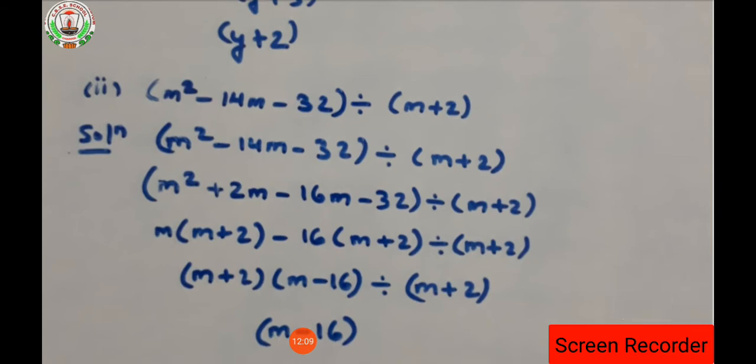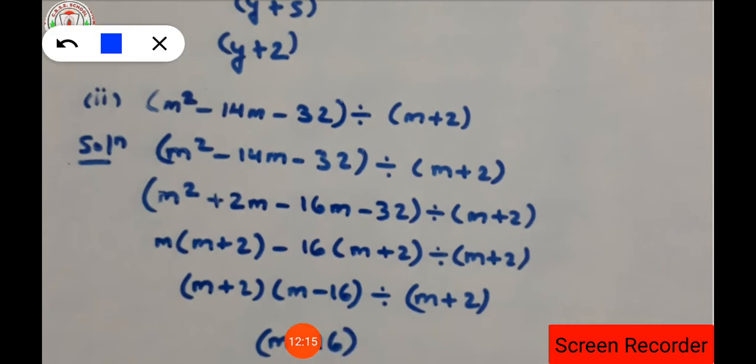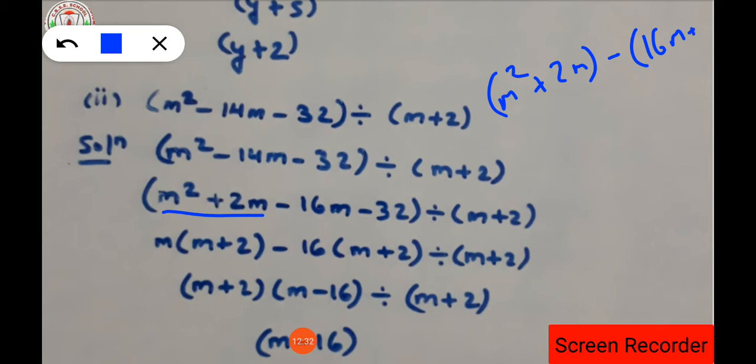Now m square plus 2m, I will write and show you how it will be taken common. So look, m square plus 2m is the first pair. Then for the second pair, we will take minus common in order to make it a positive number. So what is left out? That is plus 16m plus 32 inside the bracket.